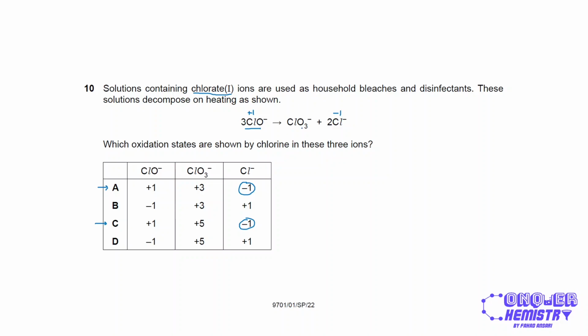For this, the more electronegative oxygen will get its usual oxidation state of -2, and this will be X, right? So X plus 3 times -2 for each oxygen. This will add up to give you the charge on the ion, which is -1. And when you solve this, X turns out to be +5. So this is going to be option C, which contains +5 for the chlorine in ClO3⁻.